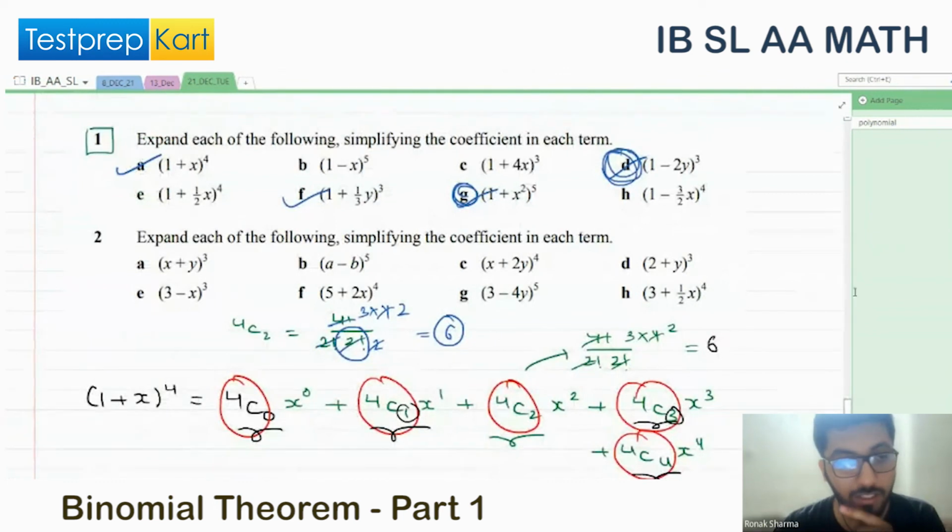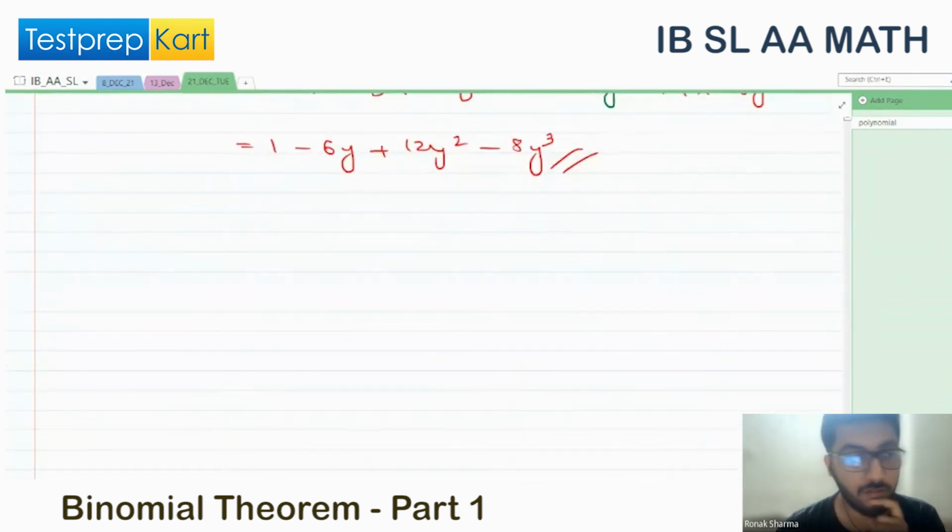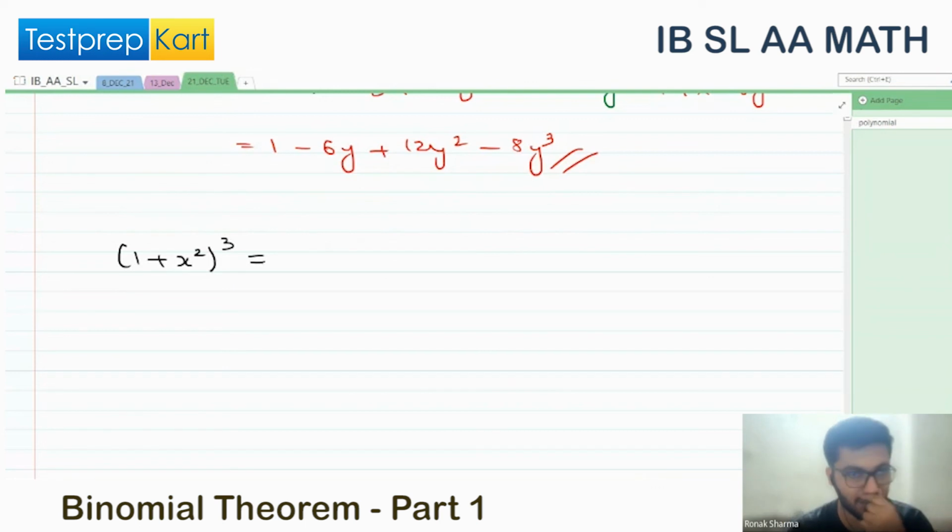One last question, that is (1 plus x square) power 3. Come on, give me the answer for this fast.